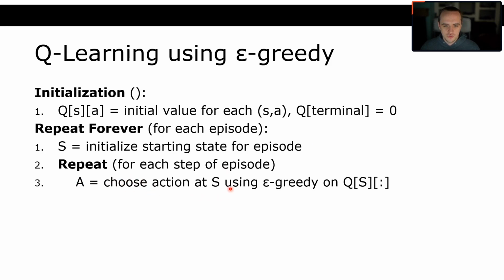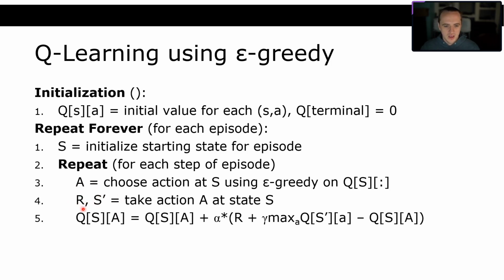We choose an action to do at this state using epsilon greedy, and we store that as A. We take action A at state S, and we get the reward and we get the next state. Q(S,A) is going to be equal to the previous Q(S,A) plus alpha times R plus gamma max over A of Q(S prime, A). And then S equals S prime, and that's it.